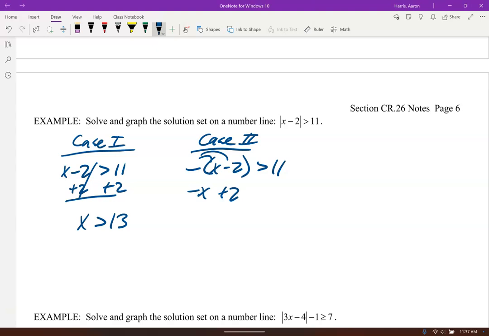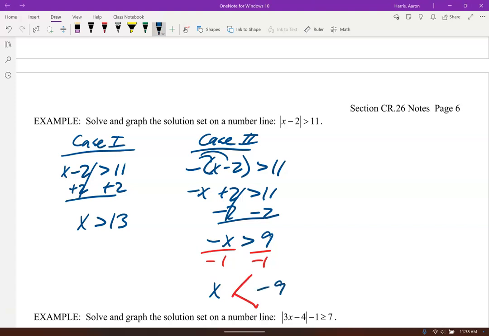The only thing you got to remember is when you're working with inequalities, anytime I divide by a negative, here it is, right? I divide by a negative. Don't forget, you gotta switch that thing, right? You gotta switch the sense of the inequality, okay?